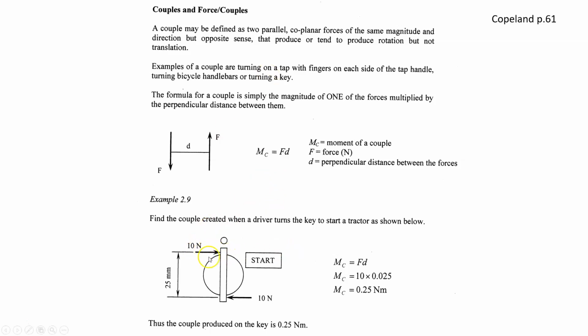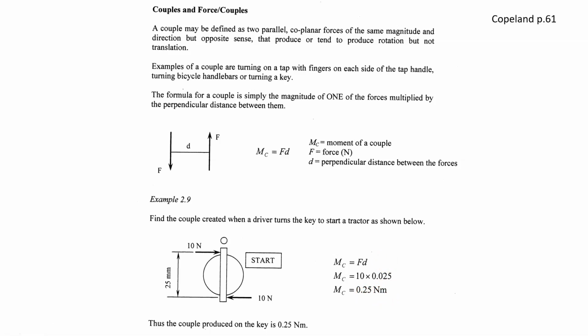We just take one of those 10 newtons. 10 newtons times 25 millimeters gives us, now I would write that as 10 times 25 is 250 newton millimeters, but Copeland likes to do everything in SI units, so instead he has 10 times 0.025, which is 0.25 newton meters. Moments are measured in newton meters.